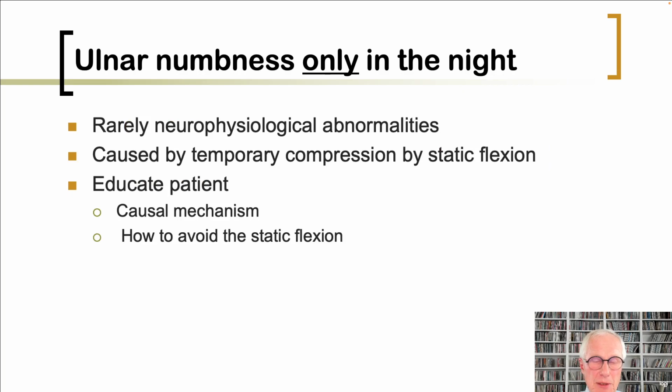And in these patients, we rarely see any neurophysiological abnormalities. It's probably caused by temporary compression, and when the compression is released, the nerve recovers and doesn't leave any clear-cut neurophysiological abnormalities. So here it is important just to educate the patient about the cause of the numbness, so they don't keep their arms statically flexed during the night.